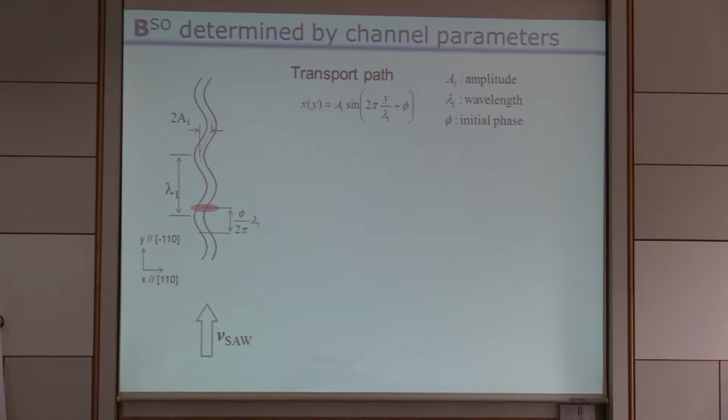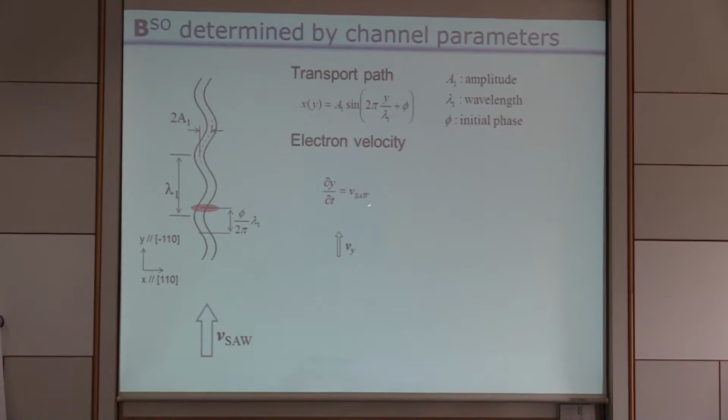This is a very simple mathematical representation of the transport path. We can model this with the amplitude, the wavelength, and the initial phase of the channel. The electron velocity along these directions is determined by the acoustic velocity.